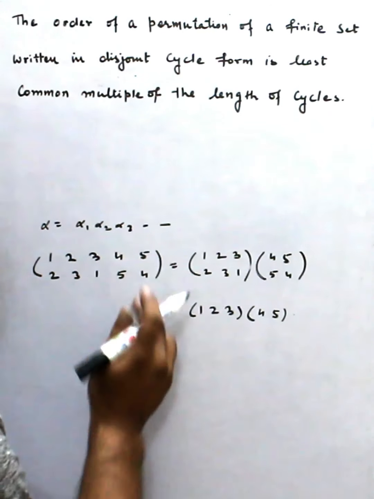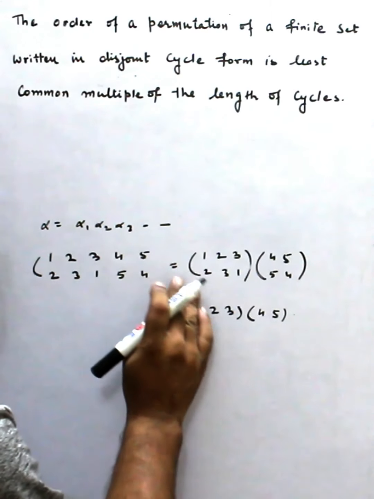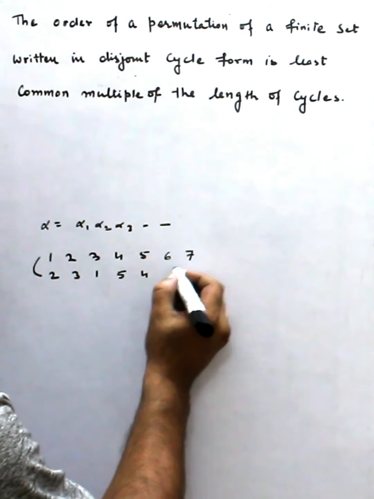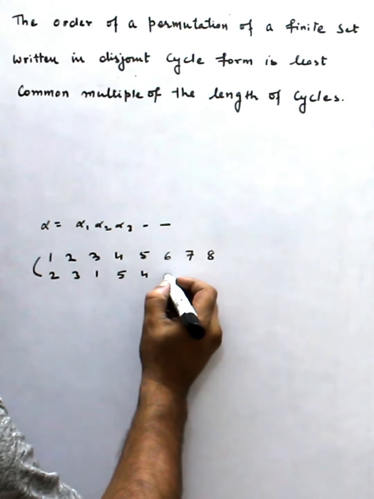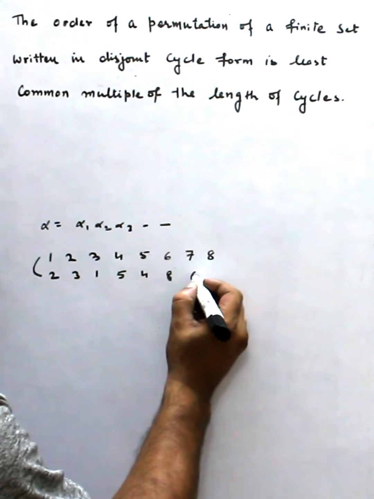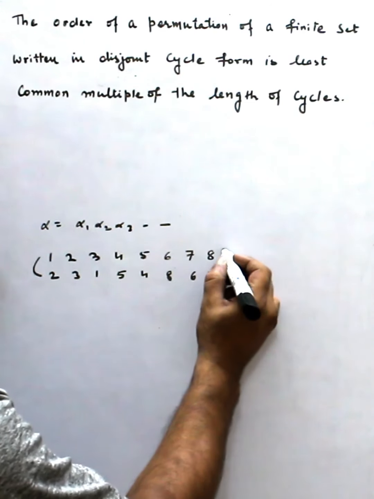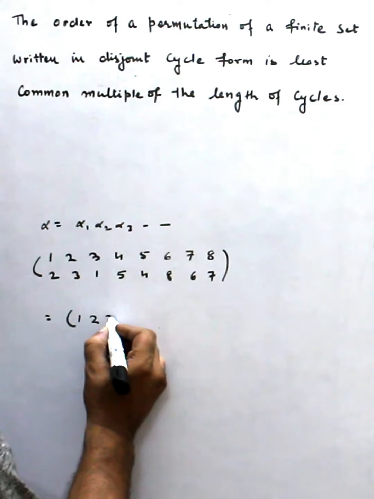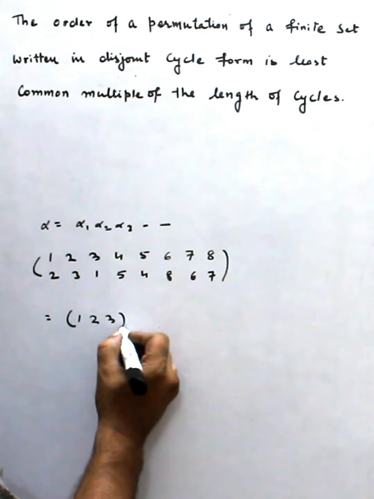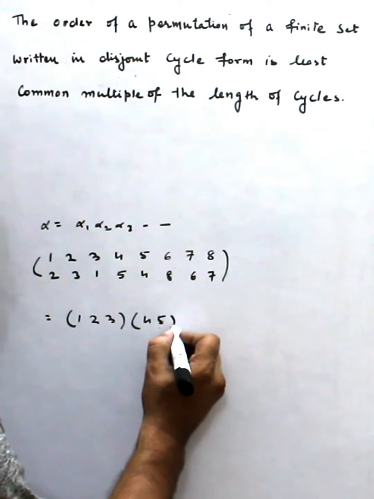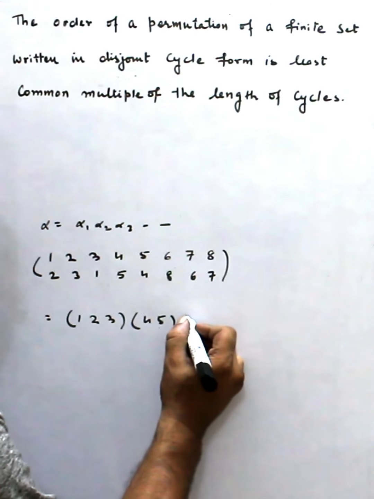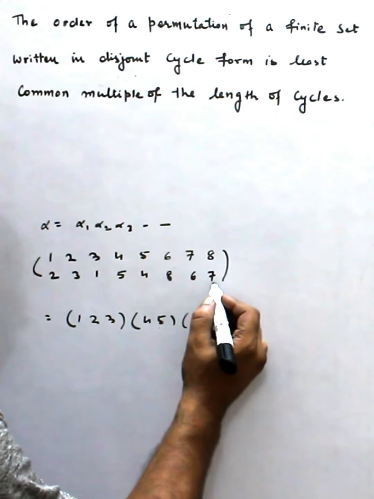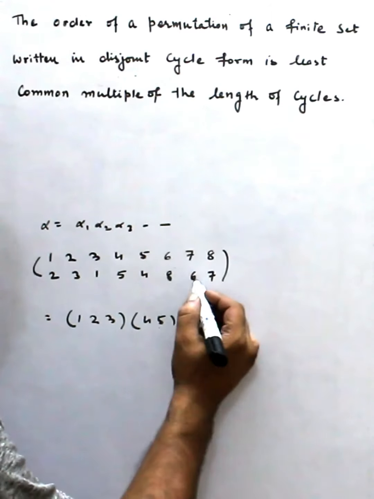For example, if I add 6, 7 and 8, with images 8, 6, 7, then 1 goes to 2, 2 goes to 3, 3 comes back to 1, and this is 4, 5, and 6 goes to 8, 8 goes to 7, and 7 comes back to 6, right?